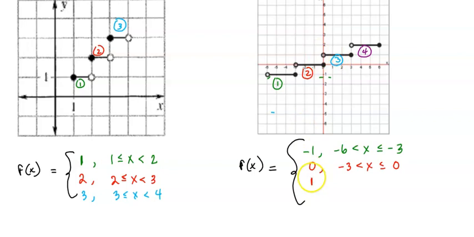That step is between x equals 0 and x equals 3. And then the last step is a horizontal segment at +2, between x equals 3 and x equals 6.